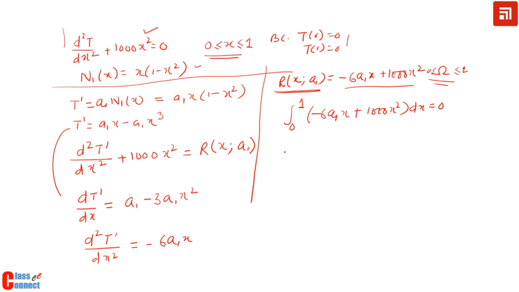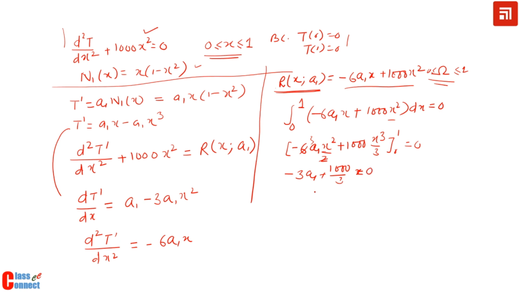Now you integrate this and tell what is the answer. If I integrate this, I get minus 6 a1 x square over 2, so minus 3 a1 plus 1000 over 3, with x being 1, and this will be equal to 0.